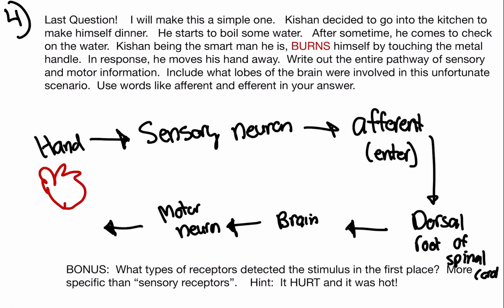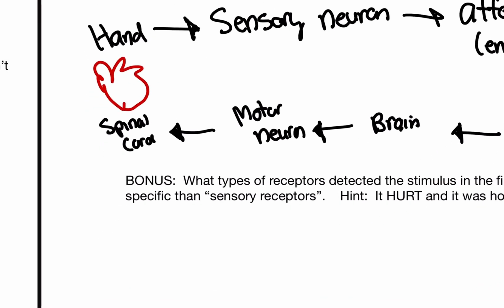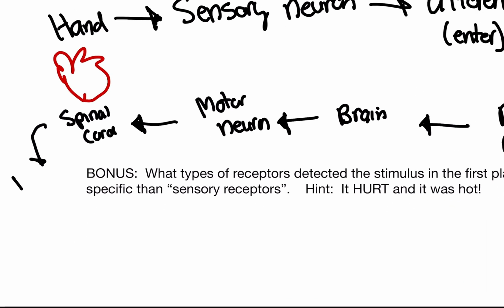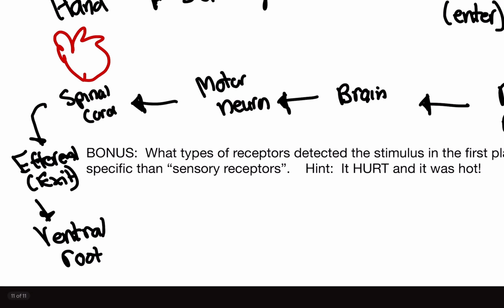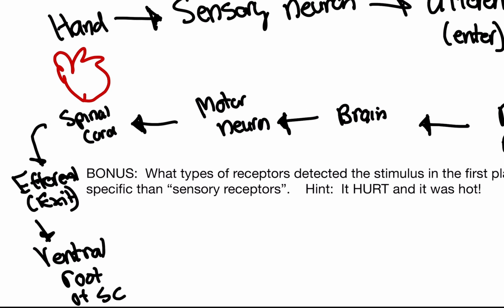Then we're going to enter the spinal cord, and then we're going to exit, or efferent, the ventral root of the spinal cord. SC for spinal cord. And then we're going to move the hand.